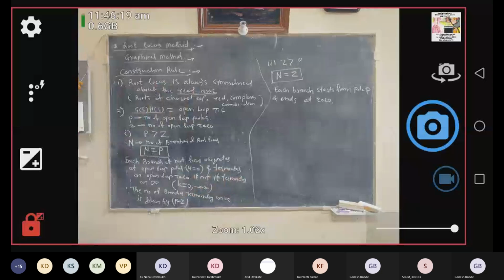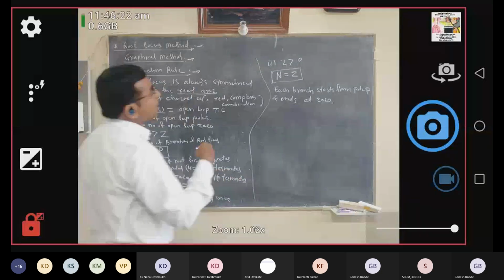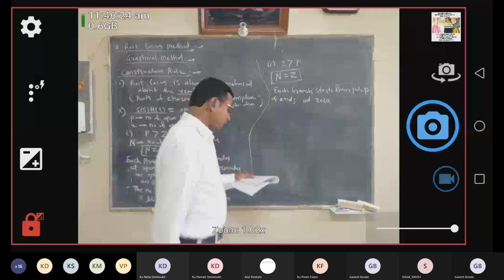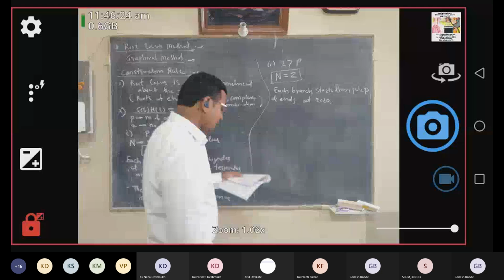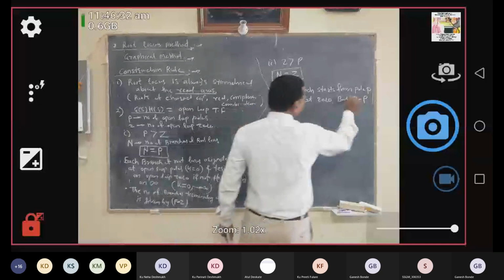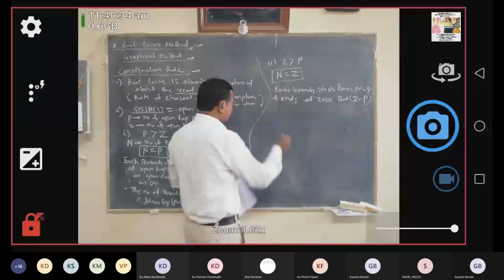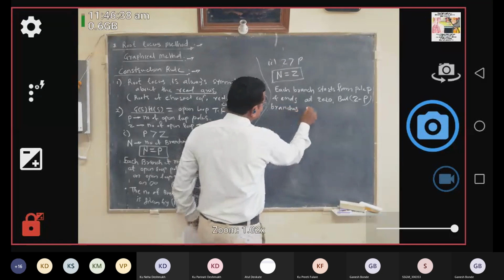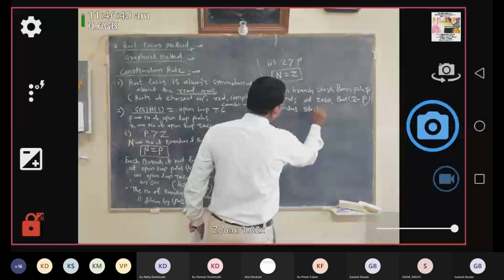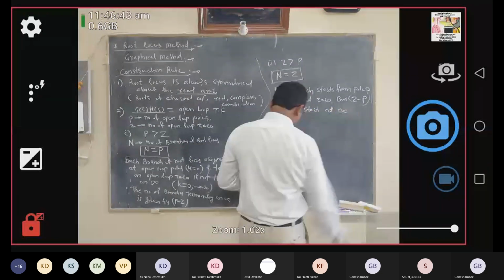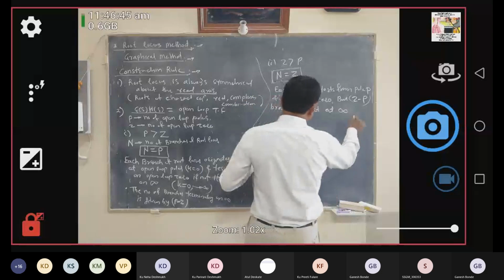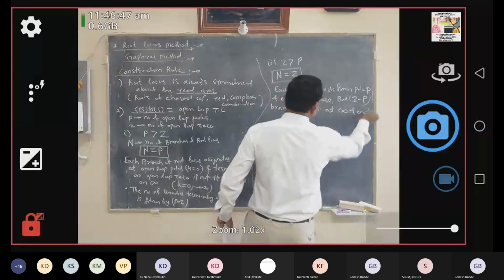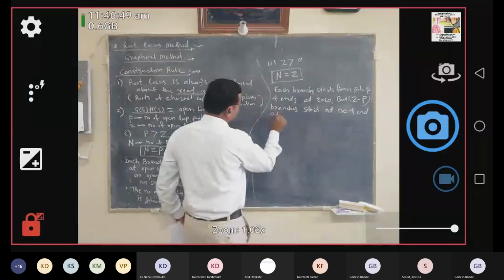So Z minus P branches always start at infinity and end at zero.